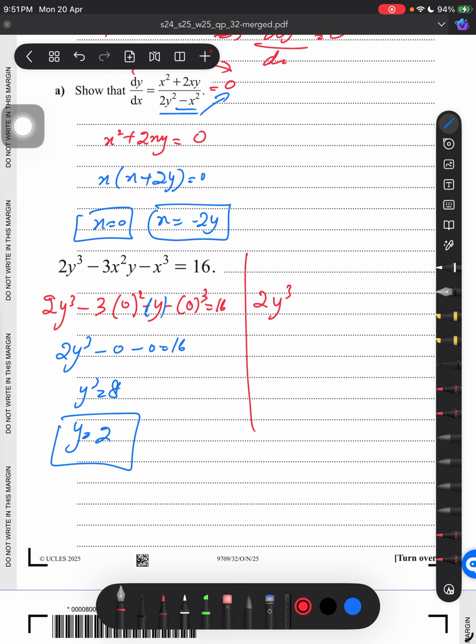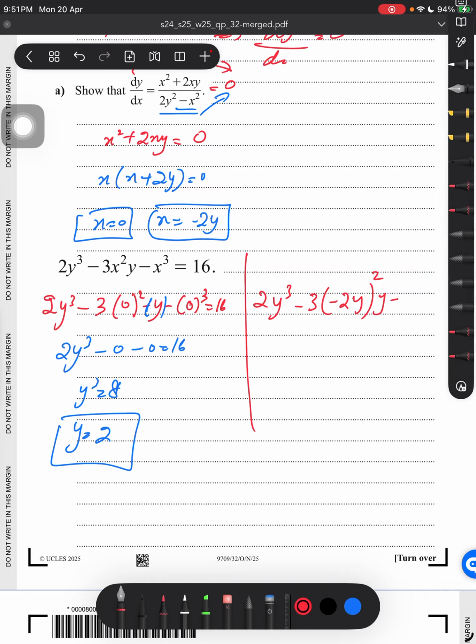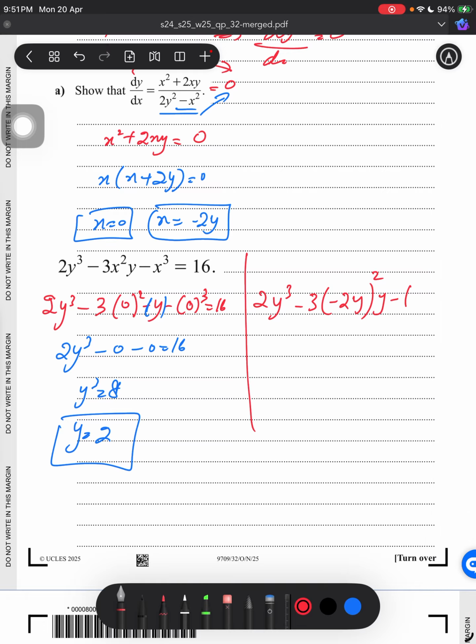The other value, when you take 2y cubed minus 3 and minus 2y, this times y minus x cubed is just 9.